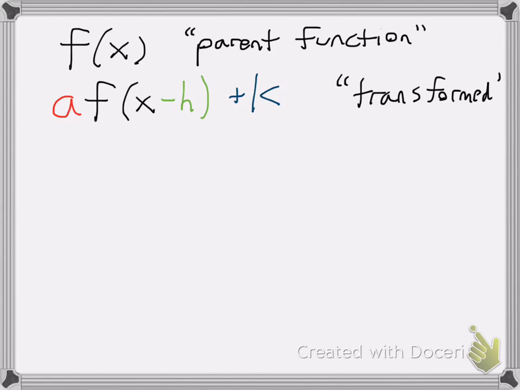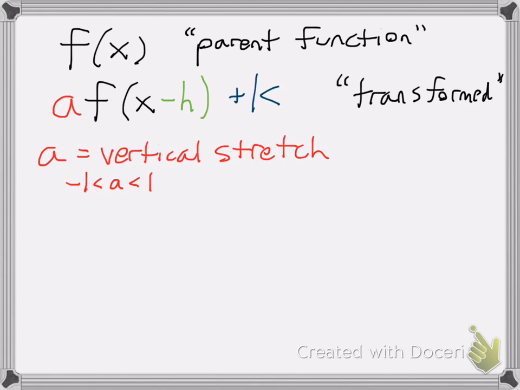And we'll look at some examples in a second. It should make more sense. But here's what these numbers mean. A is going to be our vertical stretch, right? So is the graph getting steeper or flatter? So we saw that when a was a fraction between -1 and 1, that made the whole graph get flatter.